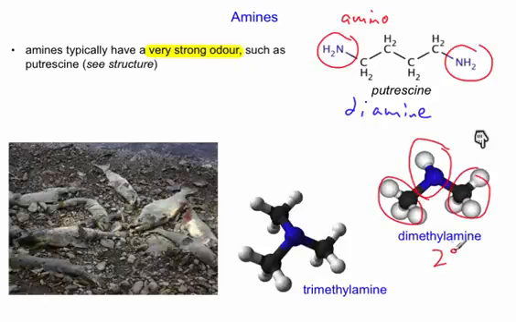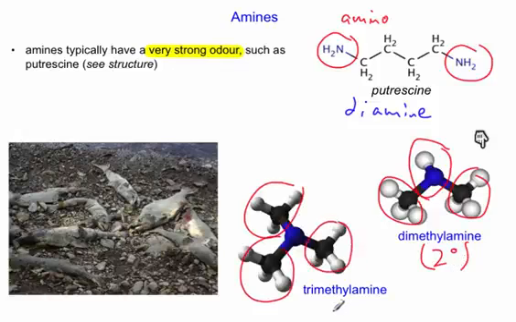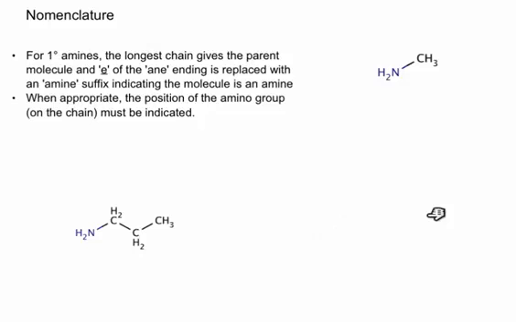So this is a secondary amine. Trimethylamine, there's the ammonia. 1, 2, 3 methyl ligands. That's a tertiary amine. Anyway, all that aside, dimethylamine and trimethylamine do not have very nice smells, and they originate from the breakdown of tissue in salmon, amongst other things.